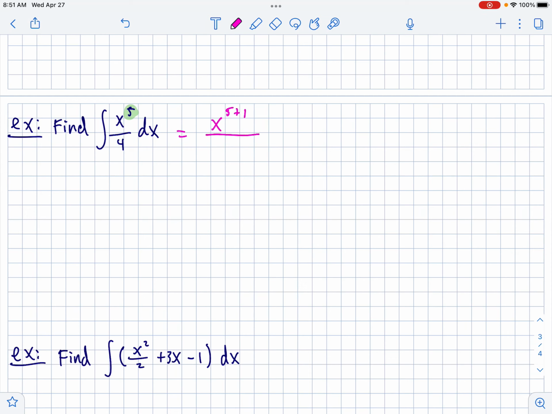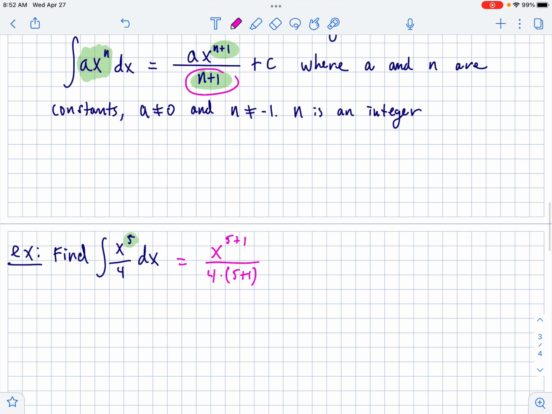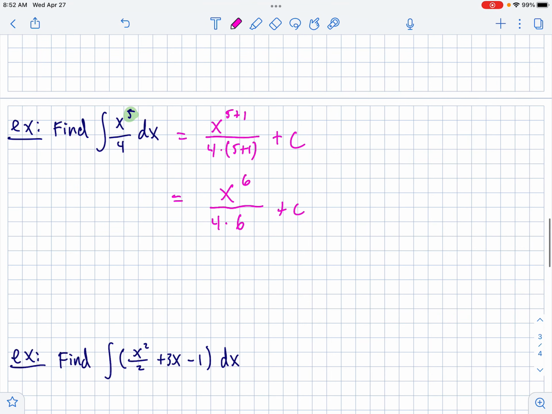And then you're going to divide by the 4 that was already there, but that's going to have to be times 5 plus 1. That's this part of the equation right here. N plus 1 has to be multiplied on the bottom. Plus c on the end. So then we get x to the 6th over 4 times 6 plus c. And then we get x to the 6th over 24 plus c. And then we're done.